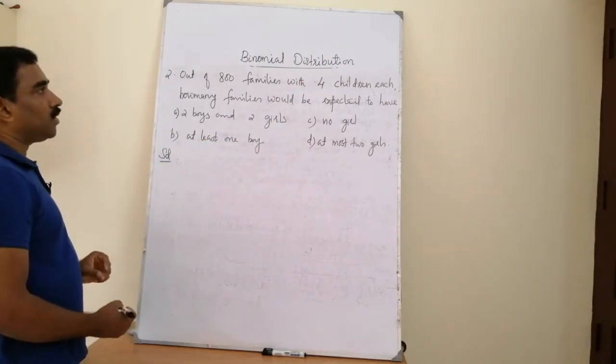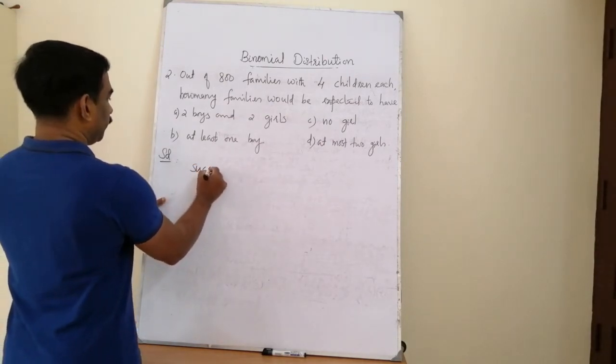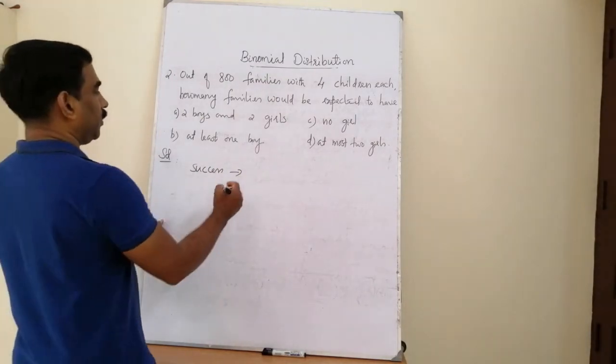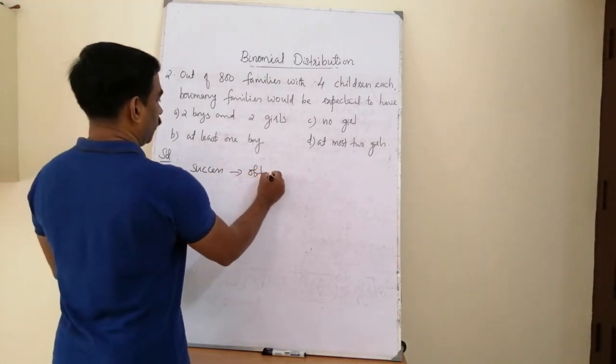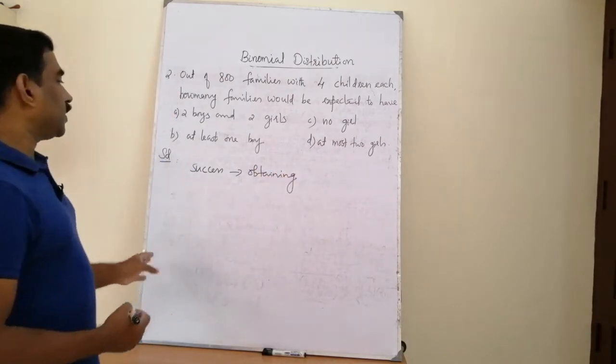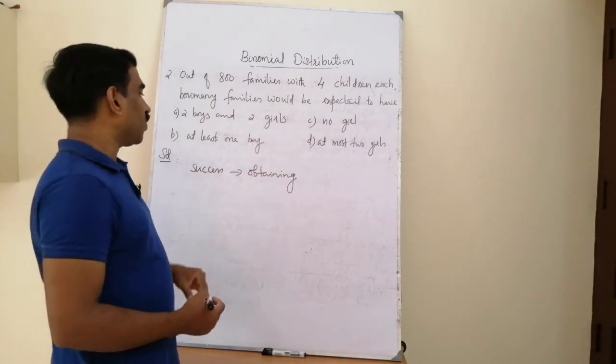So here we can designate the success. What is the success? So we are defining the success as obtaining either a boy or a girl in a family of 4 children.